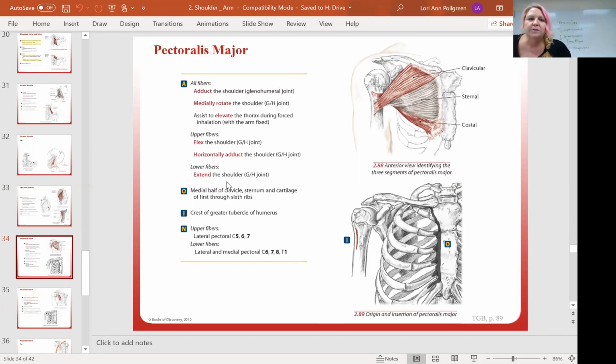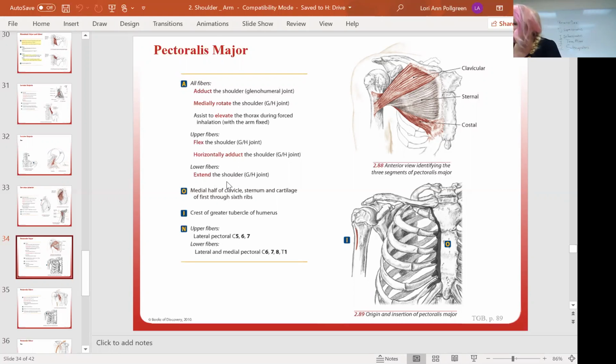All right, pectoralis major. Looking in your book on page 89, I want you to highlight: the pectoralis major is a broad, powerful muscle located on the chest. Stop highlighting. Except for the part beneath the breast tissue, its convergent superficial fibers are accessible. Highlight: pectoralis major is divided into 3 segments: the clavicular, sternal, and costal fibers.